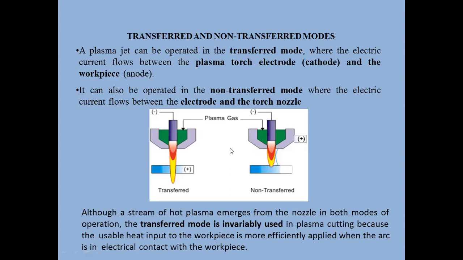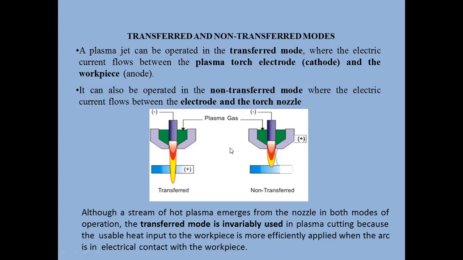Although a stream of hot plasma emerges from the nozzle in both modes of operation, the transfer mode is invariably used in plasma cutting because the usable heat input to the workpiece is more efficiently applied when the arc is in electrical contact with the workpiece.